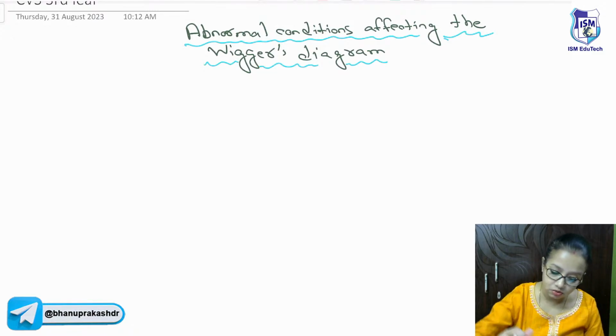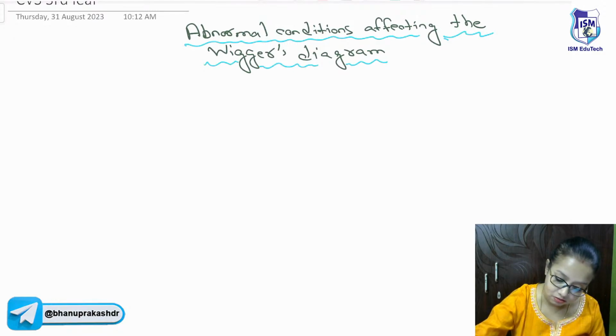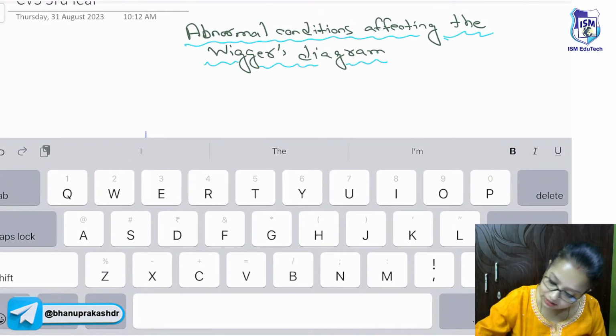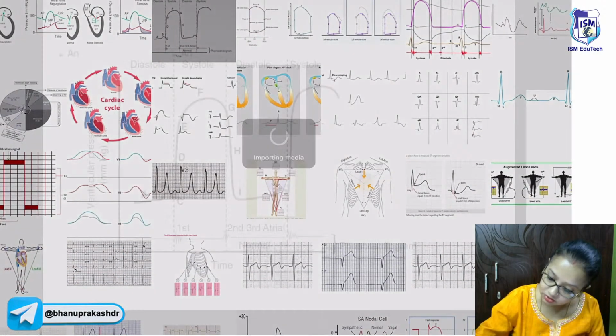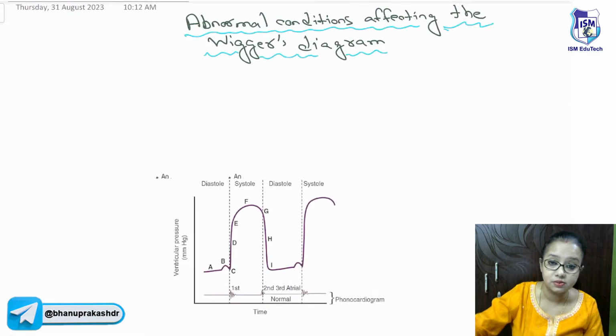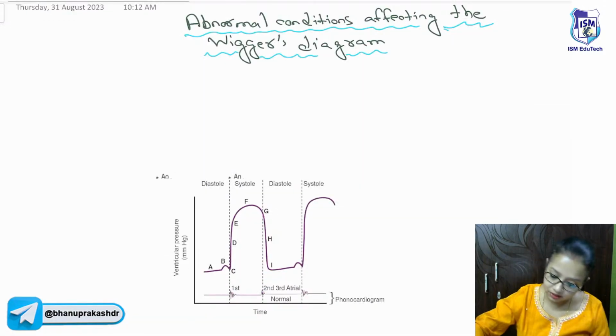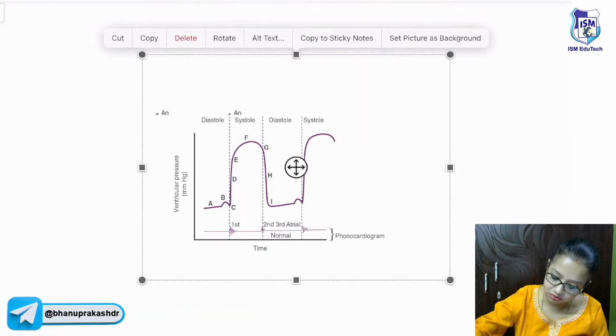Now, first, we will start once again with the pressure events in the left ventricle so that we can correlate to the abnormal condition well.